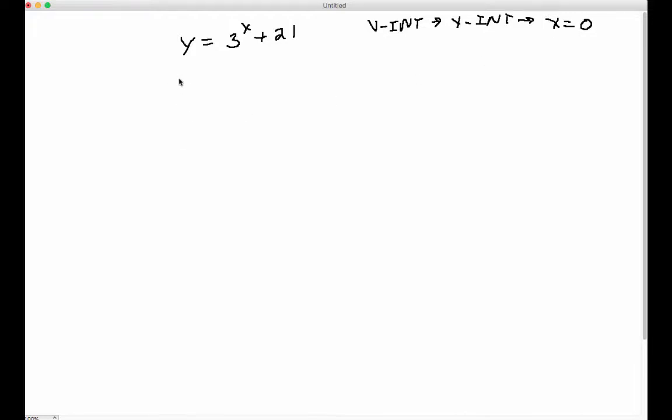So if x is 0, then y is equal to 3 to the 0 plus 21, which gets us 1 plus 21, which is equal to 22. So the vertical intercept is at (0, 22). That's the way I would recommend finding your vertical intercepts when you get asked those questions.